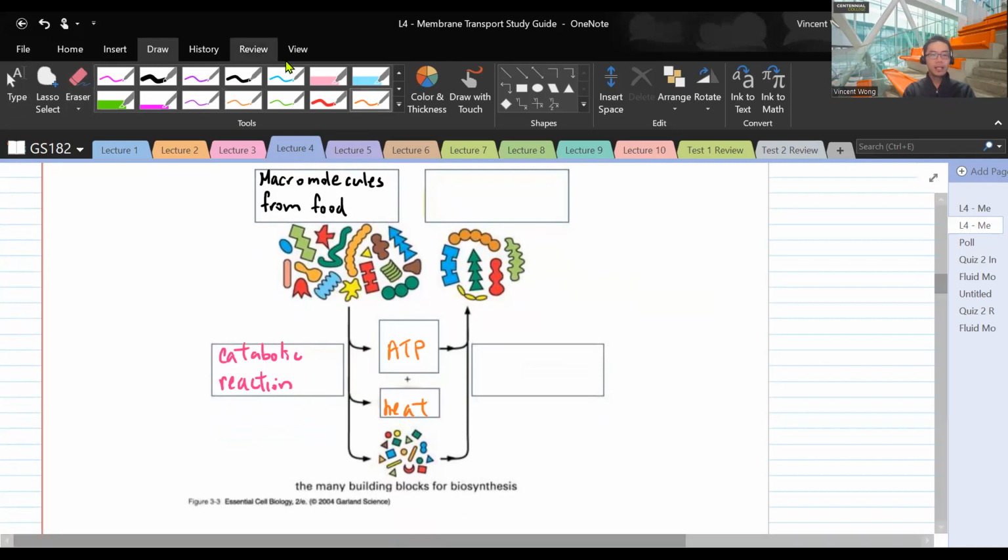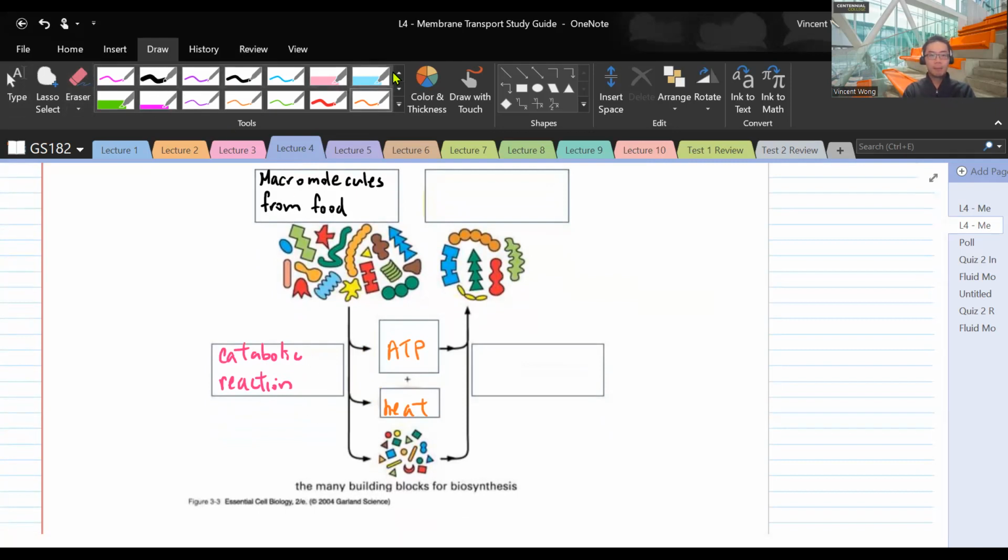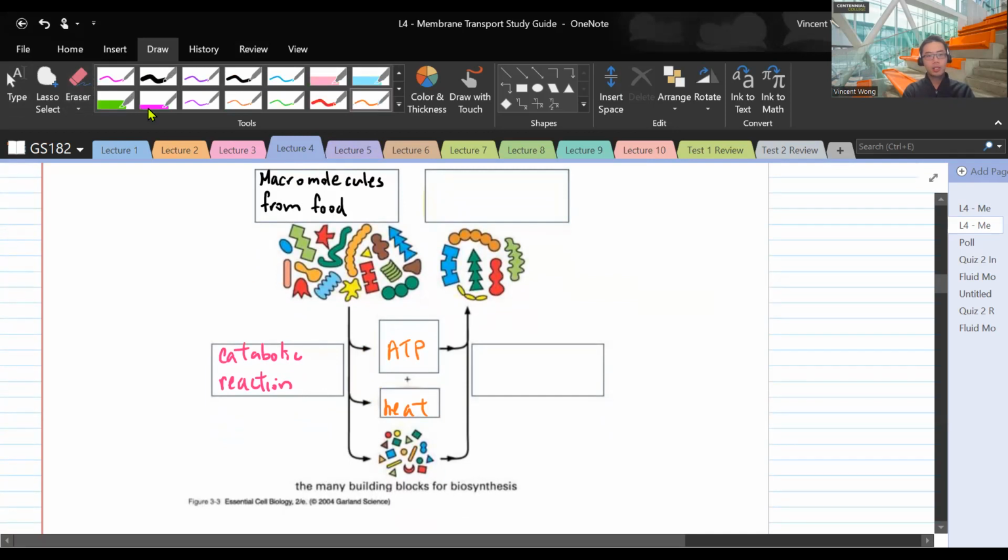And at the end of it, you are going to end up getting many building blocks for biosynthesis. Biosynthesis just means to build things, okay? And these are monomers from your food.